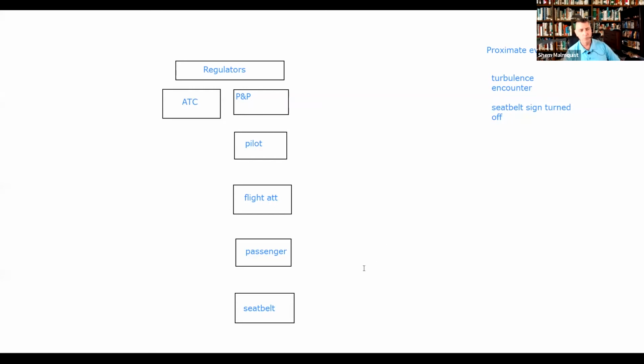So we'll stop here. Let's go back to the seatbelt. And so one of the things that we need to look at is the physical aspects of the seatbelt itself. Does the seatbelt itself have any physical problems?